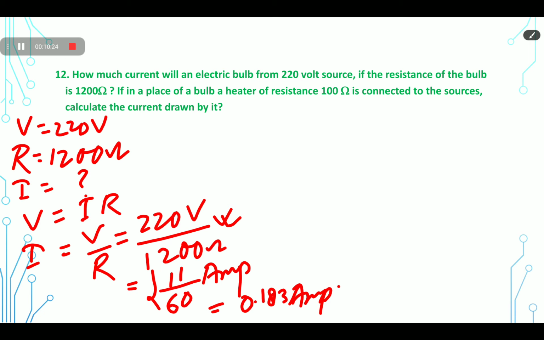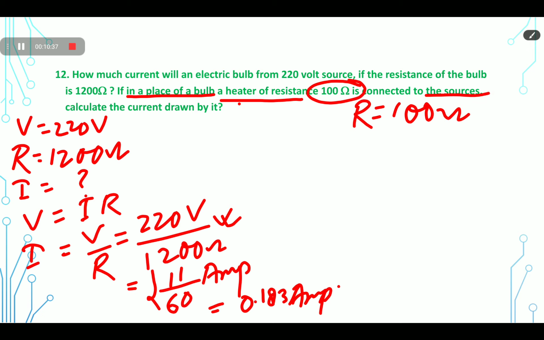Now, in this question, it is also included if in a place of a bulb, a room heater of resistance 100 ohm, here the resistance is again 100 ohm, is connected to the source, means connected to the 220 volt source. Here voltage is equal to 220 volt.